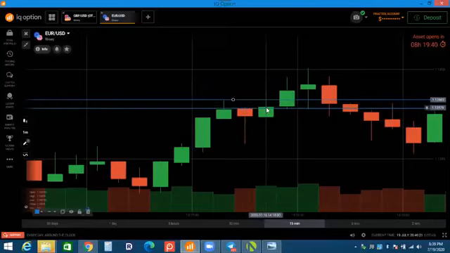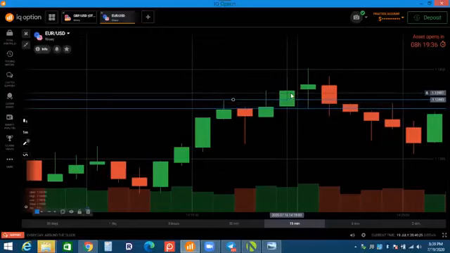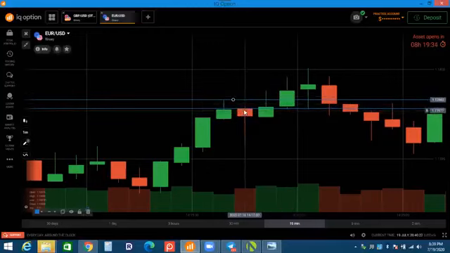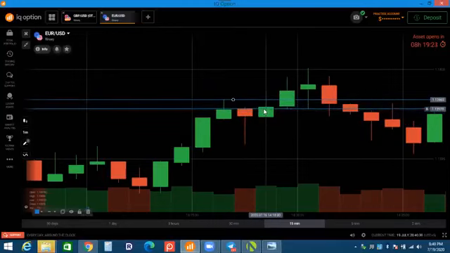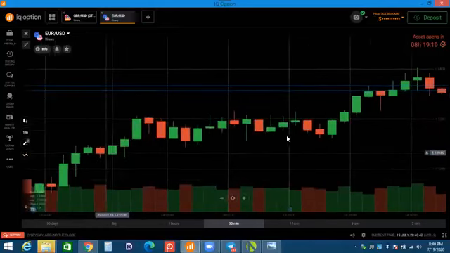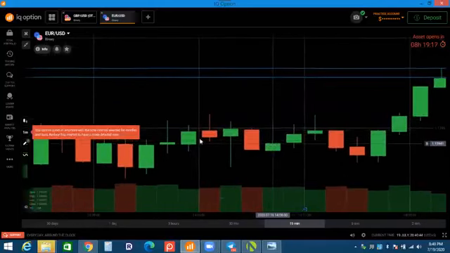Now this hammer crossed the resistance level, and now the next candlestick goes up. Color change, the second candlestick opening body and the two candlestick higher high, this one. So this is a resistance, this is a resistance, and now this inverted hammer crossed this resistance and it will go up. In this case now, inverted hammer.